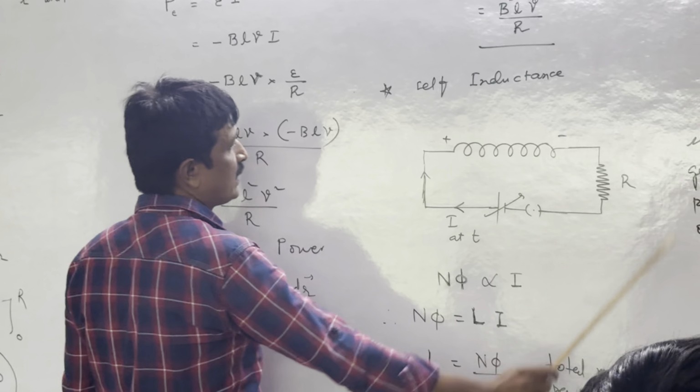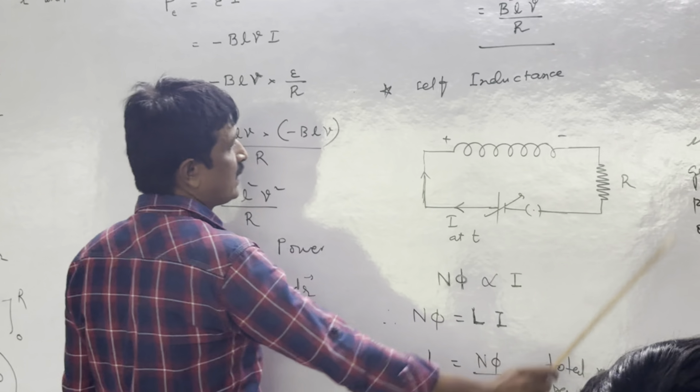So E is minus d by dt of N phi, but N phi is LI. So E is minus d by dt of LI, but L is constant for a given coil. So E equals minus L di by dt. Solving for L, L is minus E upon di by dt. This term is called the self-inductance of the coil.